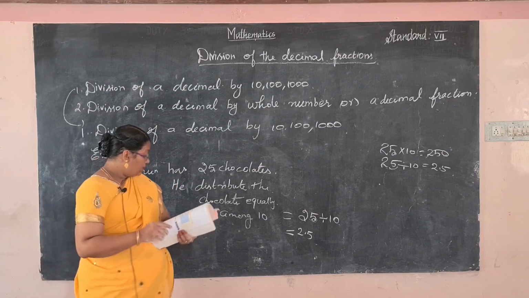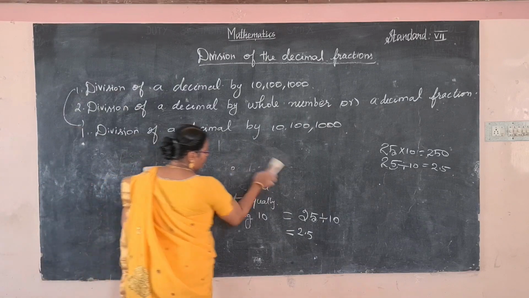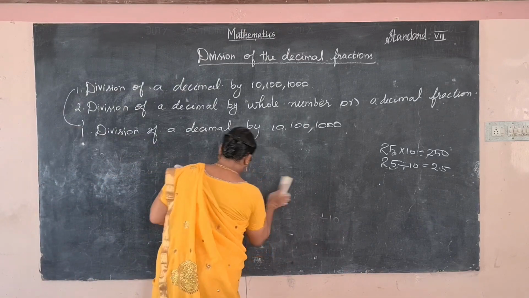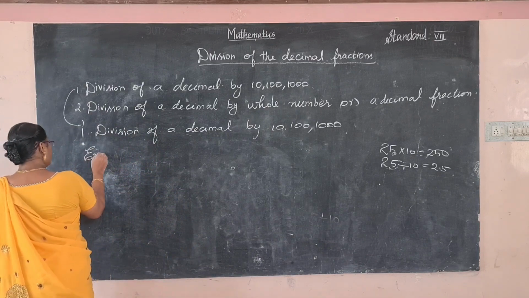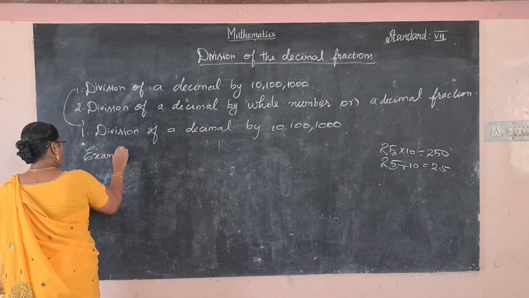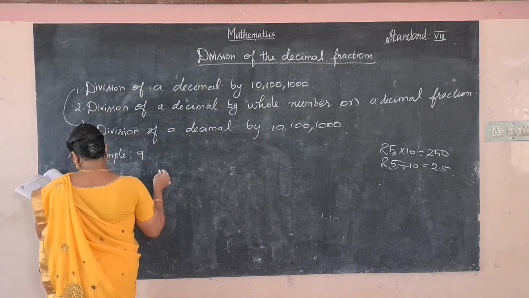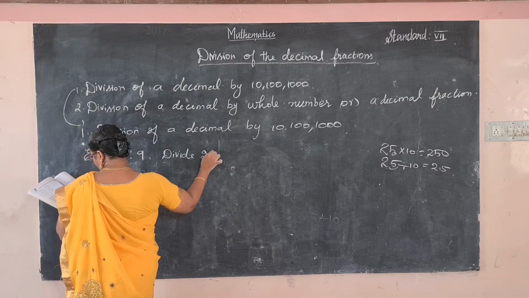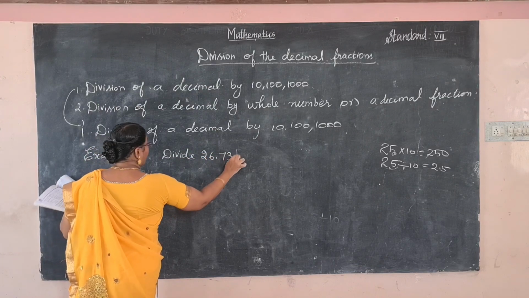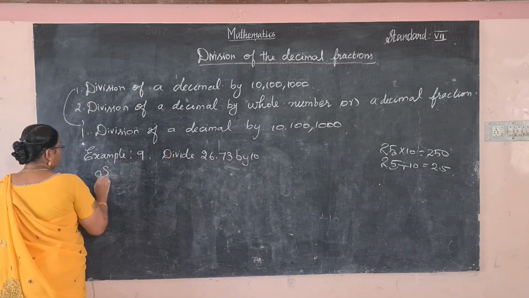Okay, right. See the example 9. Divide 26.73 by 10. So we can easily calculate, is it?